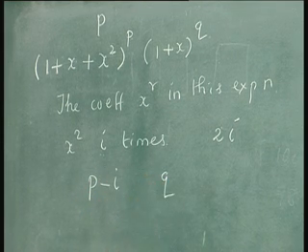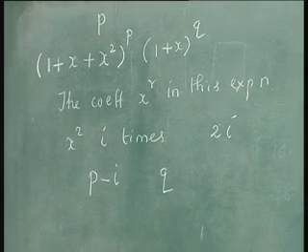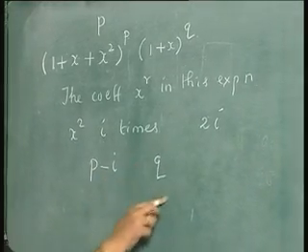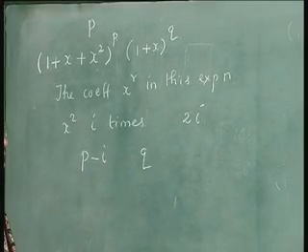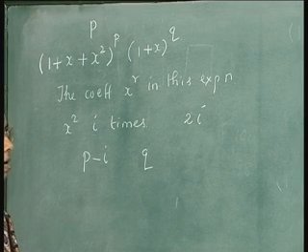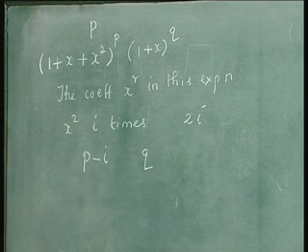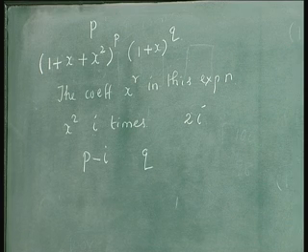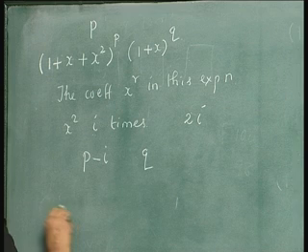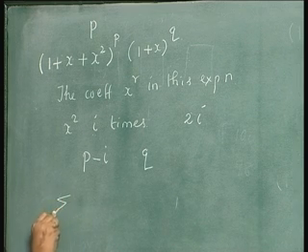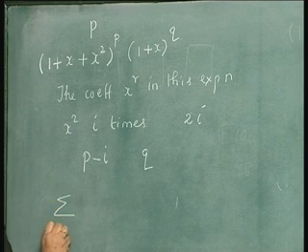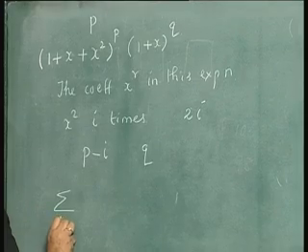So, the idea is, if you say it is sigma I is equal to 1 to r by 2, from these p factors you have to select.